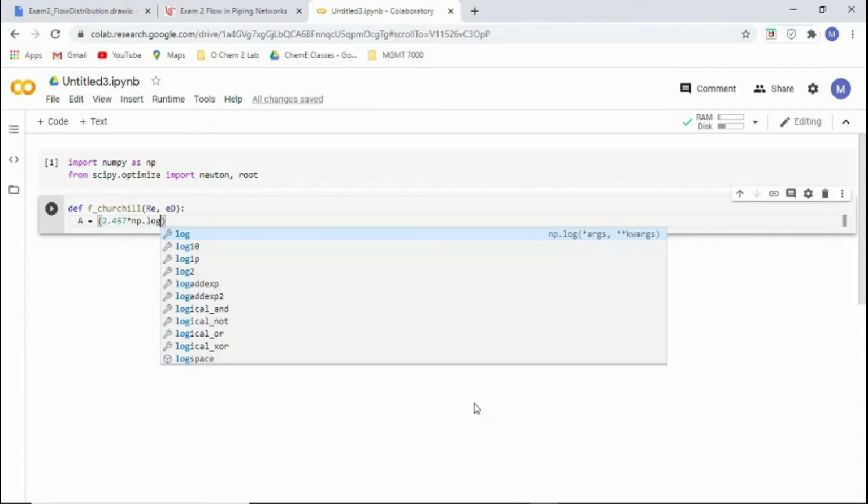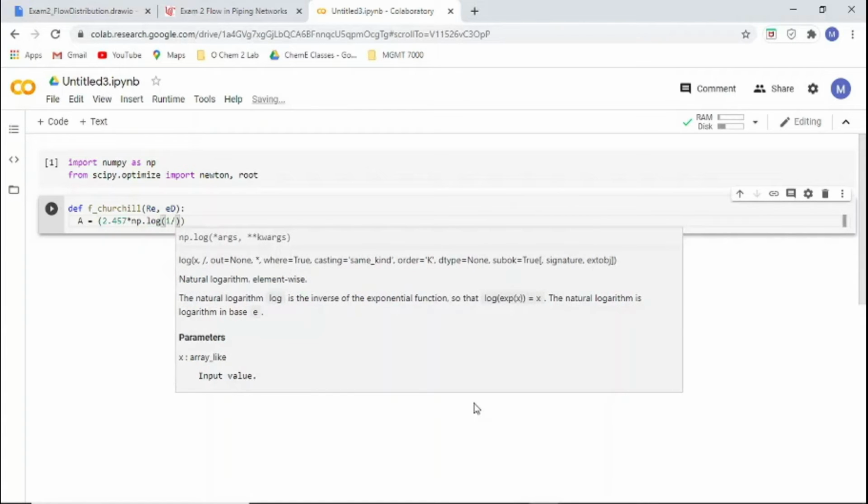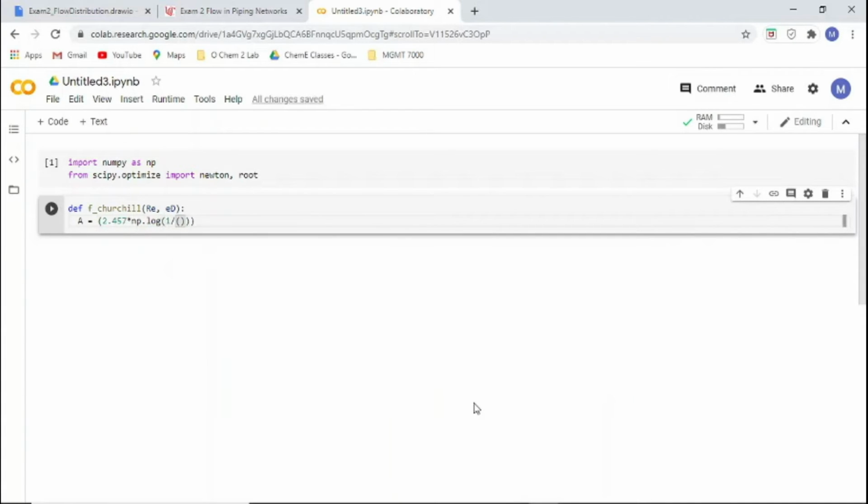So the log of 1 divided by (7 divided by the Reynolds number) to the 0.9 plus 0.27 times our relative roughness of the pipe, all to the 16.